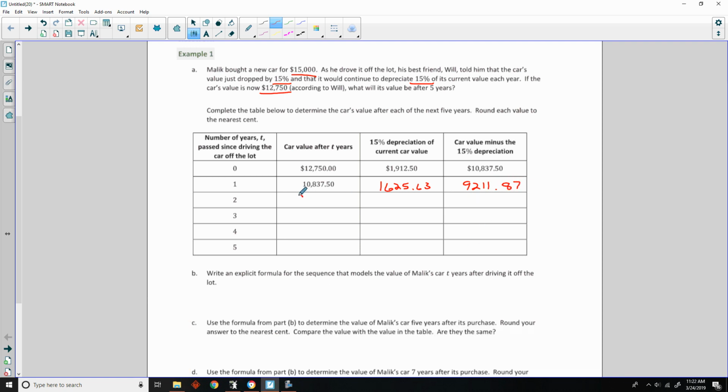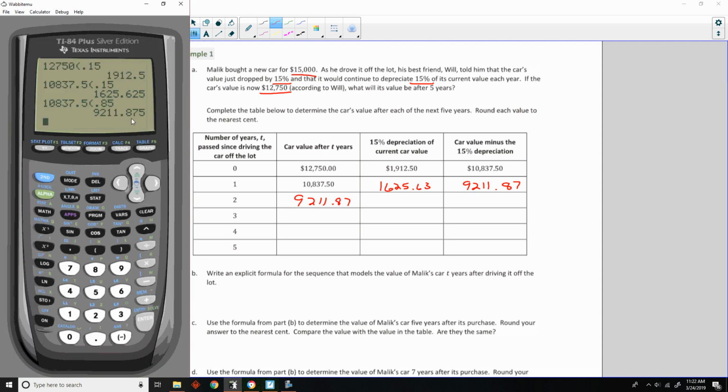That gets copied down here, so it's 9211.87. So I take that 9,211.87, multiply it by 0.15, and I get 1381.78.